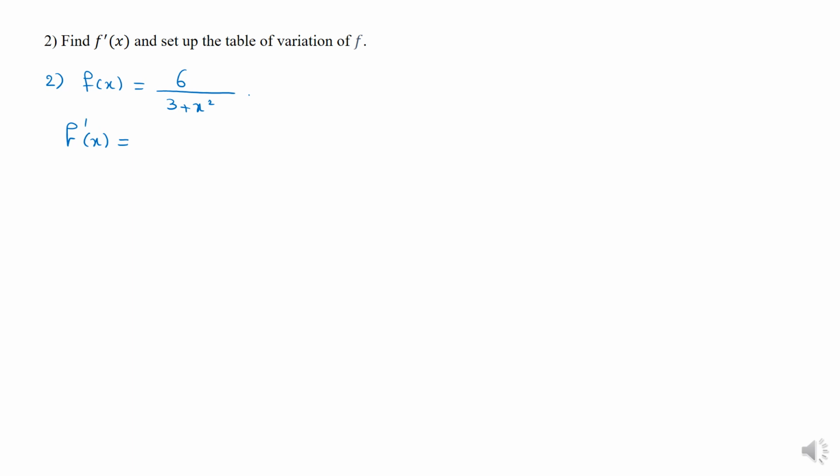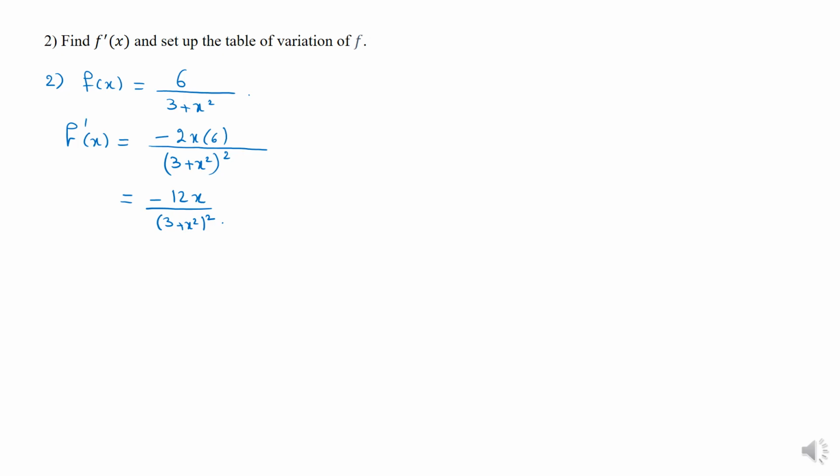Numerator 6, its derivative is 0, times the denominator, the whole expression 0, minus the derivative of the denominator, which is 2x, times the numerator over the denominator power 2. So here you go, the derivative is minus 12x over 3 plus x squared power 2.